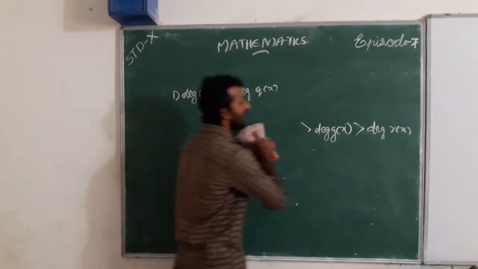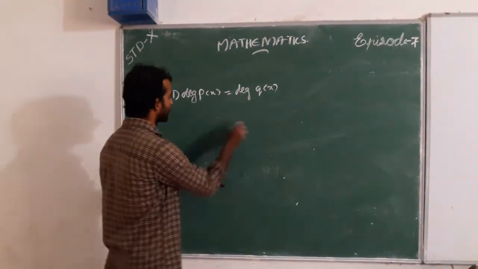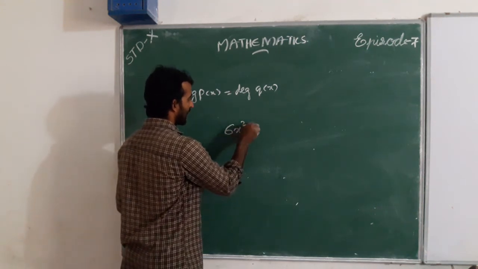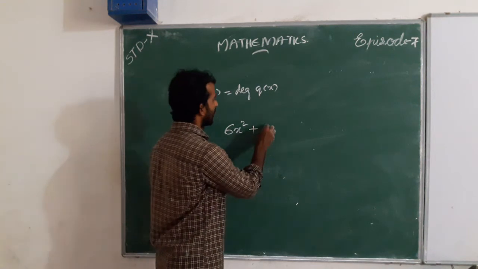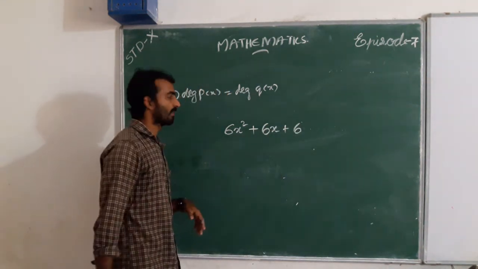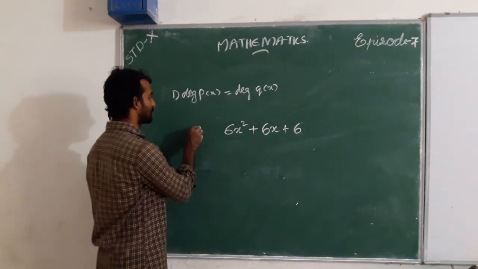Here we want the degree of p of x and degree of q of x to be the same. Here we take 6x square plus 6x plus 6. This is a polynomial, this is p of x.